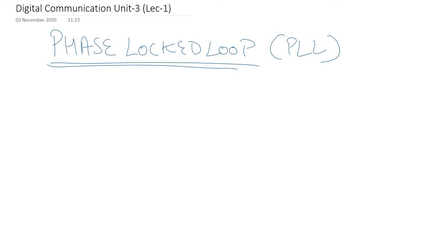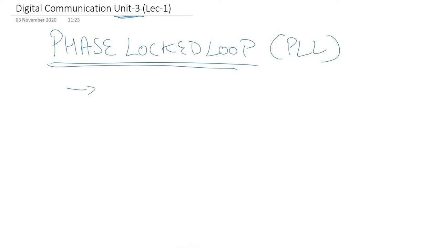I will begin with Unit 3 in this video lecture, and we'll begin with a very important topic, that is the phase lock loop. Phase lock loop is a very important device or circuit. It's typically used to track the phase and the frequency of the carrier component of the incoming signal.